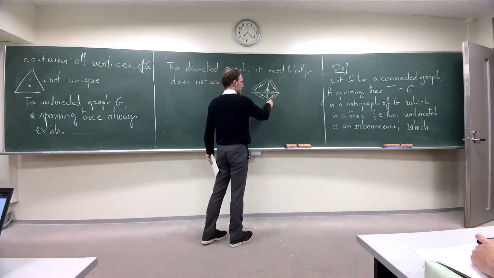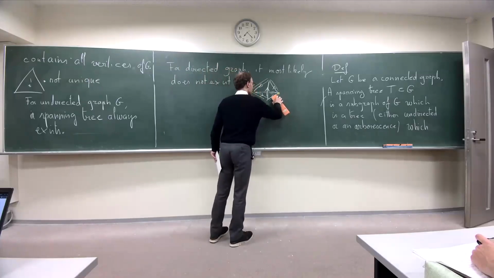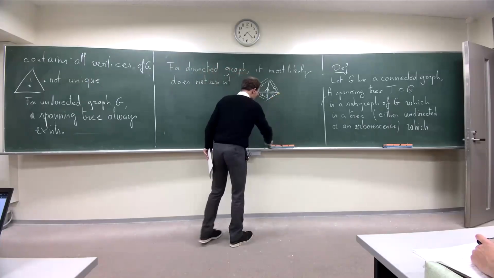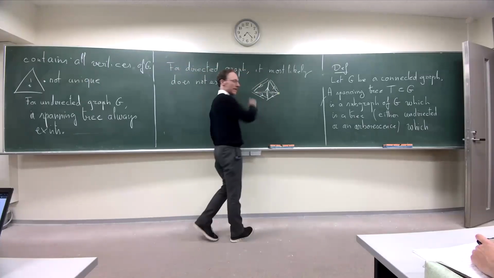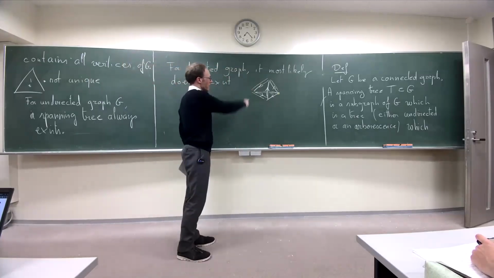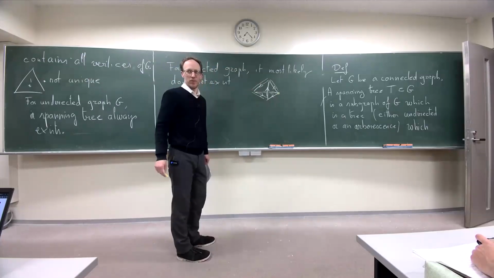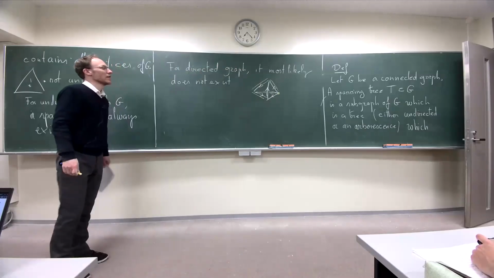Is that still a spanning tree, the remaining three yellow lines? Oh, yes, you're right. I made a mistake. It was a cycle. So this is correct now. But yes, this one by chance has a solution.